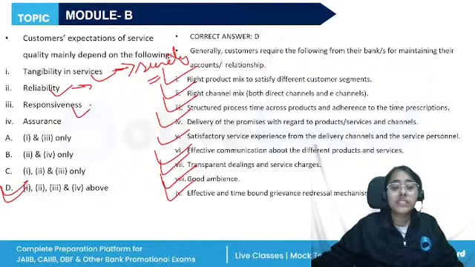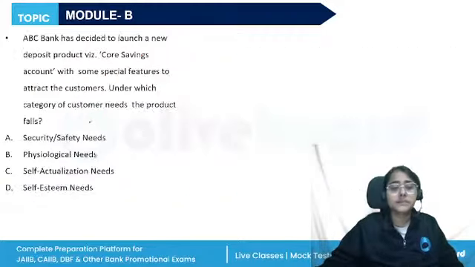Then responsiveness, if the customer has any query or grievance, the bank should be quick to respond. And assurance means that every month or whatever the decided period, the customer will get interest on their fixed deposit or their savings deposit, right? So these are just some examples.